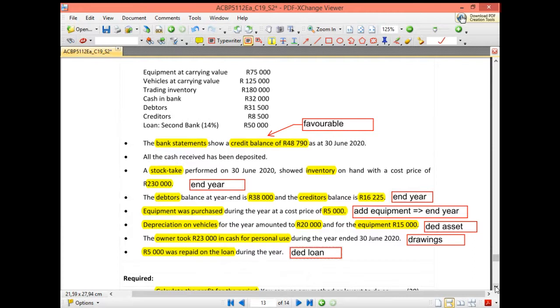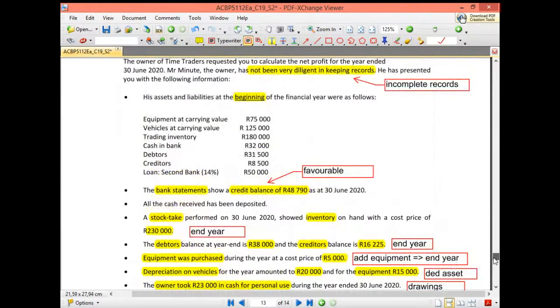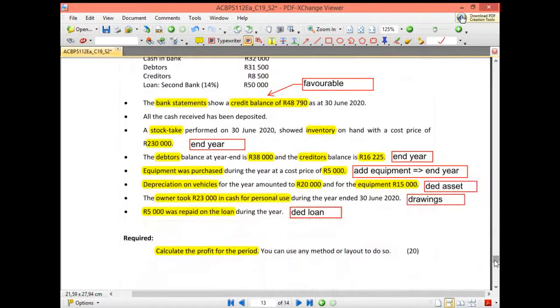They haven't really given you any income or any expenses. So this is why I say this is a combination of what we've got from the first semester. Now, if we go back to the accounting equation, we said owner's equity is your assets less your liabilities.